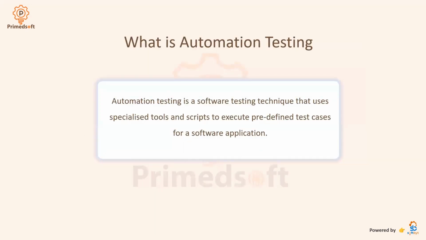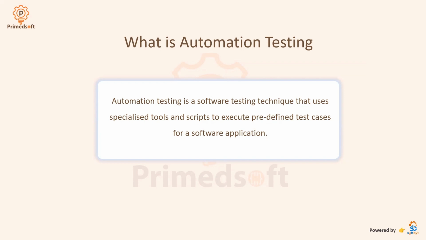Automation testing is a software testing technique that uses specialized tools and scripts to execute predefined test cases for a software application. So those tests that you do manually, in the case of automation testing, you are now using software tools and scripts to automate the execution of the same tests.